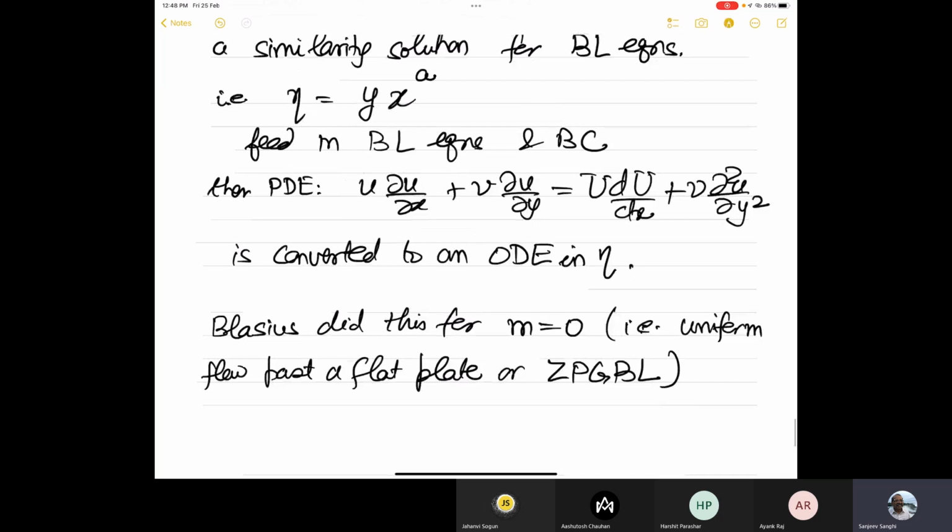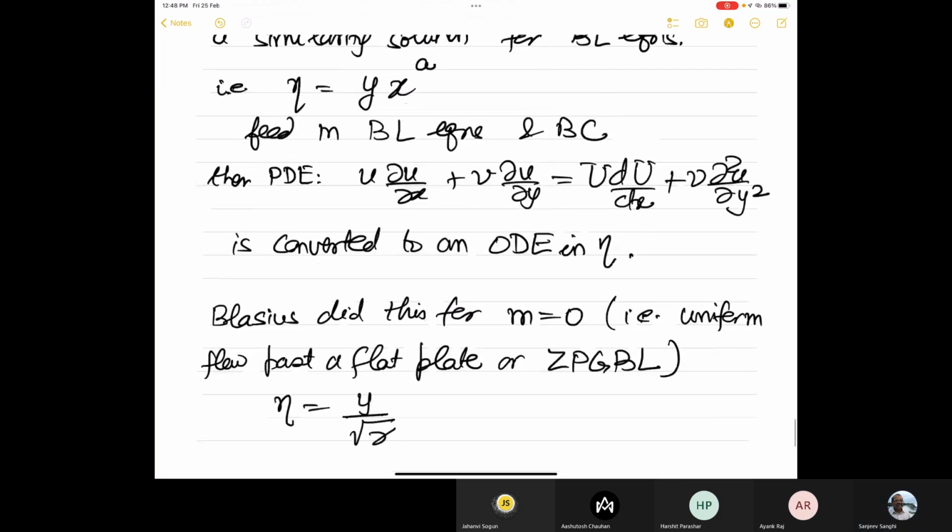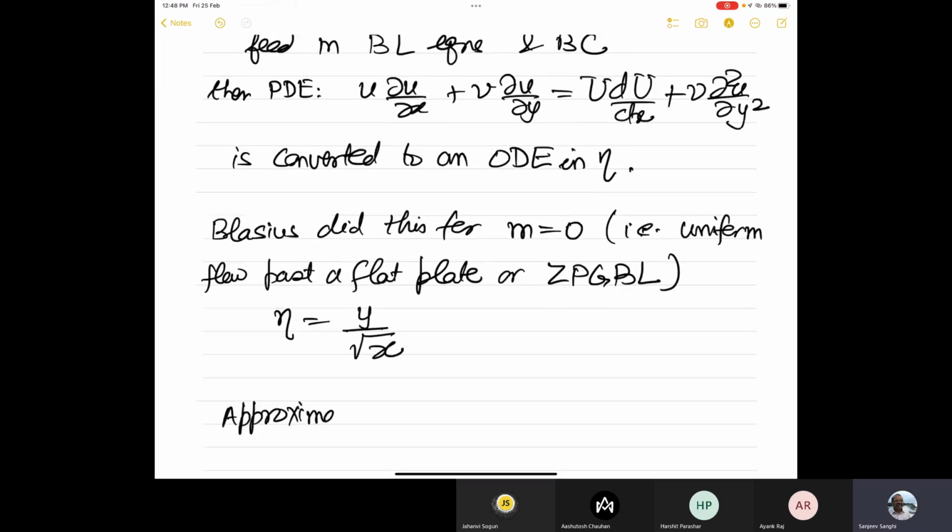And here he showed this variable will be eta equal to y over root x. And what Blasius got was the exact solution. We also have some approximate methods of solving the boundary layer equations.